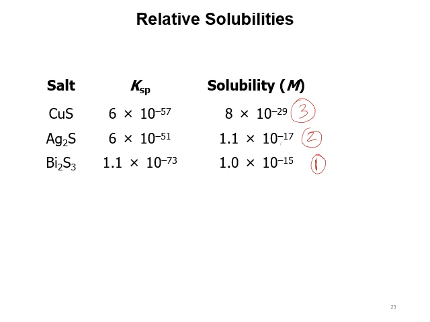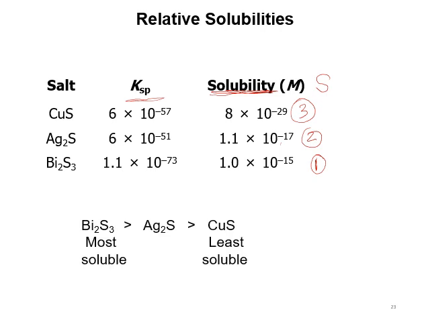If you were doing this based on just the Ksp values, see how the Ksp values do not follow the same trend. So just make sure that whenever you're comparing the solubilities of different salts, you're comparing their molar solubility and not just the Ksp. Okay? Ksp is needed because you're going to figure out their capital S values based on the Ksp, but don't go straight comparing the Ksp values, right? Okay, so that's your final answer.